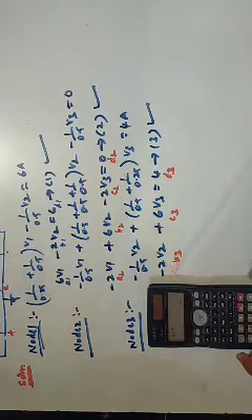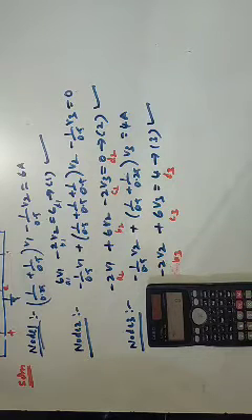A2 is minus 2, B2 is 6, C2 is minus 2, D2 we don't have, so put 0. A3 is 0, B3 is minus 2, C3 is 6, and D3 is 4.